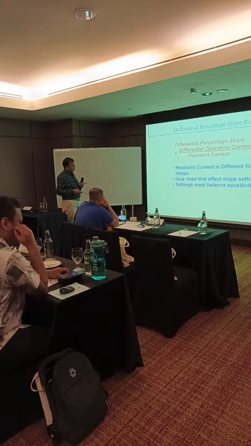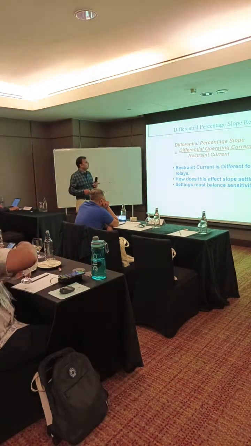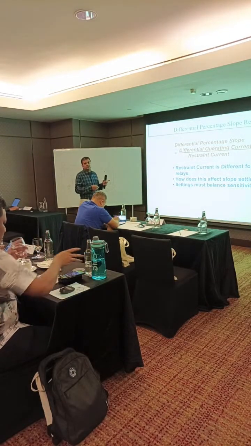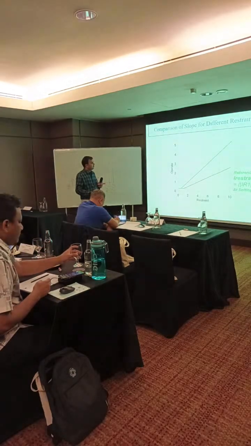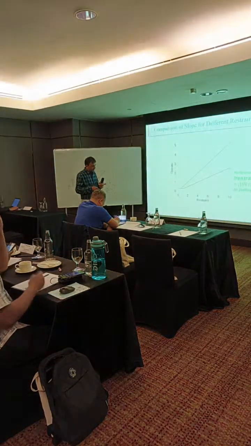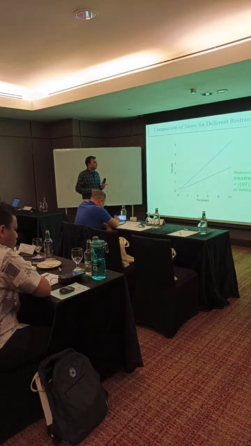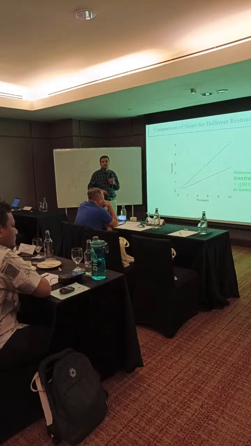And how the restraint current is different for various relays. What happens if we use one template in another relay? You can see from the next slide. This is the formula. Suppose we have a MiCOM relay, its formula is this one, and the slope setting is 25%.